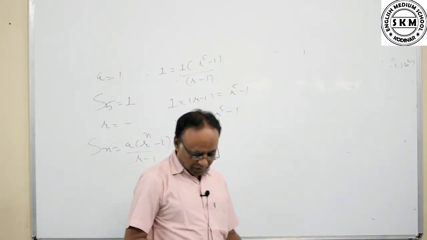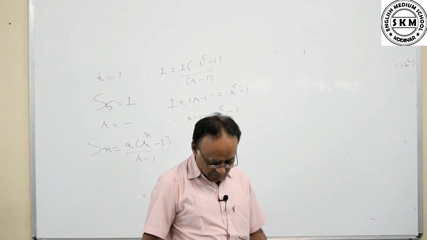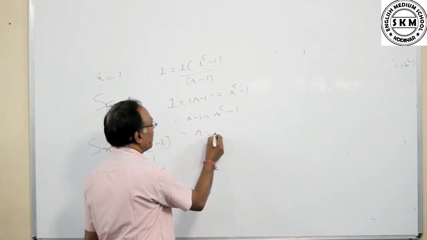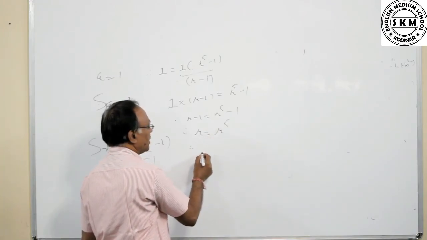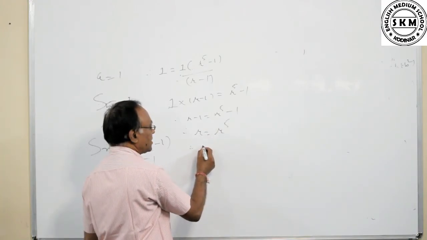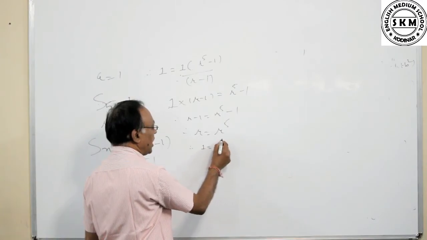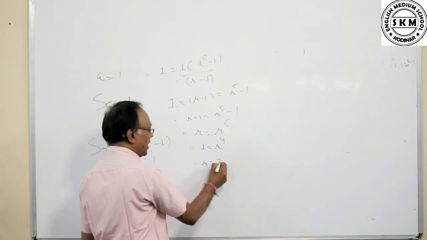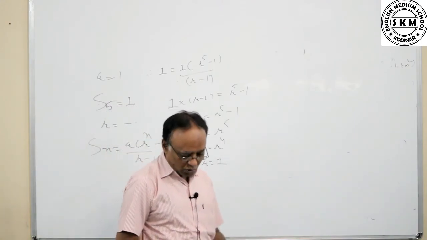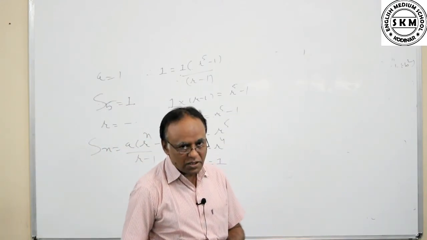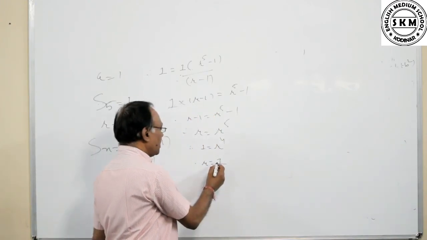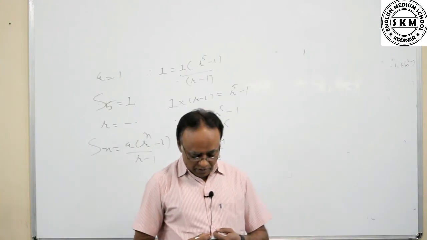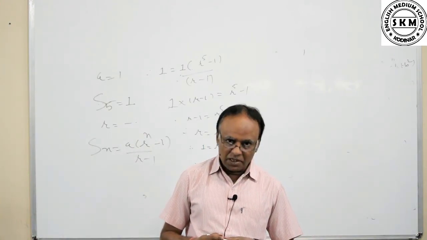The minus 1 cancels out on both sides. Therefore r is equal to r raised to 5. Therefore 1 is equal to r raised to 4, with r cancelled on both sides. Therefore r is equal to the fourth root of 1, which is plus minus 1.